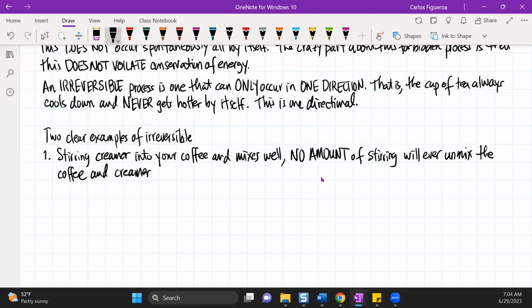No amount of stirring will then have the creamer all get back together. And so you see this white dot. We know that is impossible. That's what I mean by irreversible.